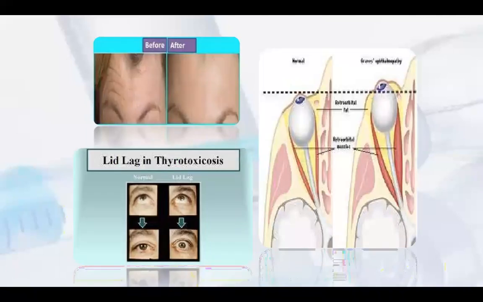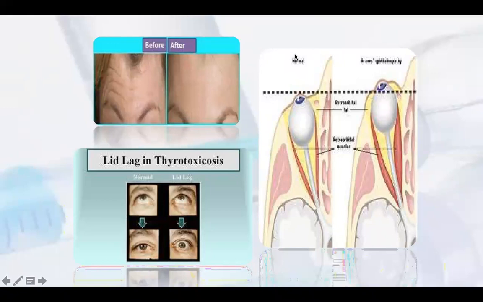You can see this before and after in Graves' disease. The left leg is thyrotoxicosis. You can see the upper lip and lower. So these were the symptoms of Graves' disease.